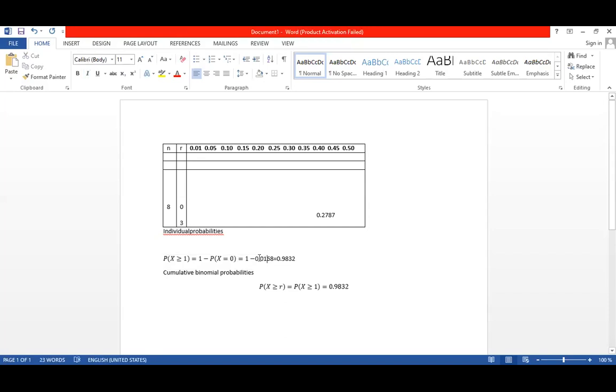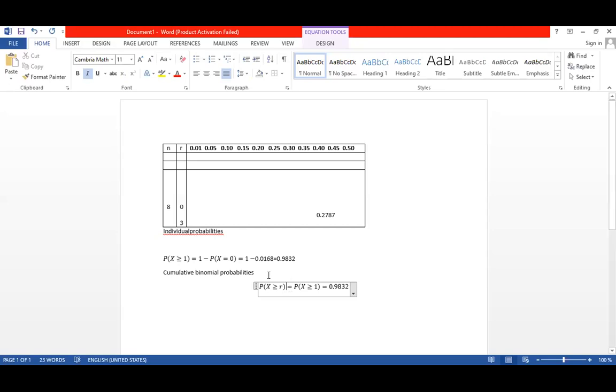But because our probability is in the format X greater or equal to 1, the mathematicians computed all probabilities in this format. You can use another table to take you directly to the answer without going through those other steps.